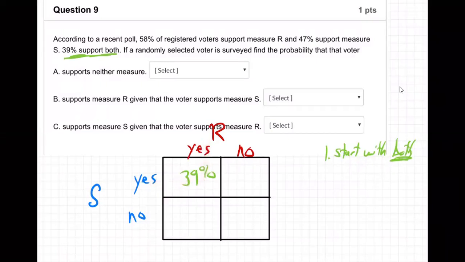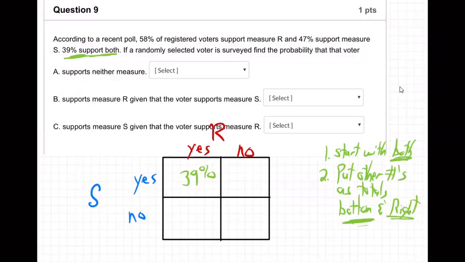Okay. And then step 2. Put other numbers as totals, bottom and right. Bottom and right totals.